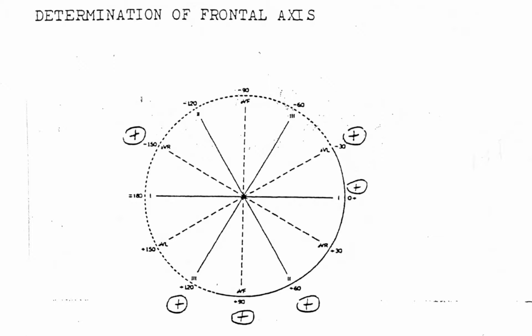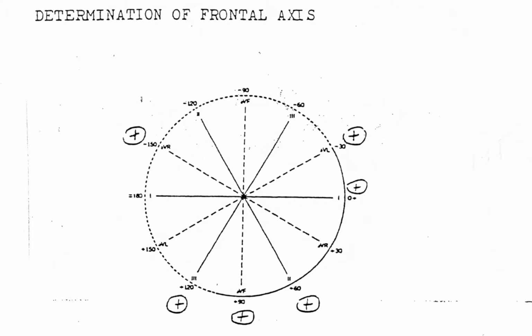If lead 2 ended up being down, like all Q and S wave mainly, then you would go completely away from lead 2's black dot, or where it's positive, and take it all the way to negative 120. That's not the case here. But if it did project down, you would take it to negative 120 for the axis. And so that's how to do that.